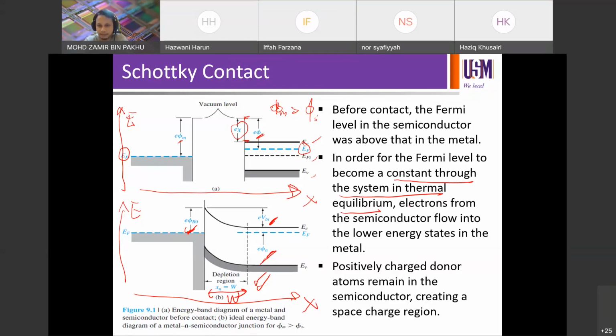Okay, how does this happen? Electrons from the semiconductor. When you look at this statement, look into the first band diagram. The moment you have drawn the band diagram completely before the contact, which EF is higher, EF of the metal or EF of the semiconductor?